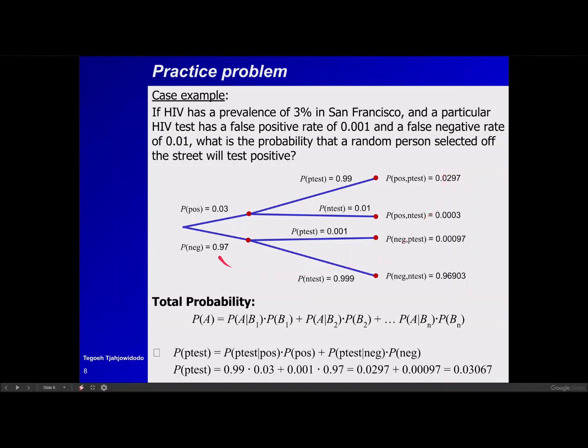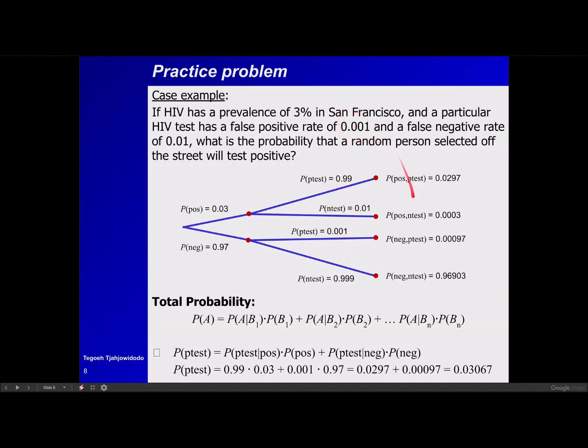Then we can do the same thing for a negative HIV person. When we test someone with negative HIV, there might be a false positive, or a negative test result. For a negative HIV person, there will be a false positive rate of 0.1%, as mentioned in the problem.